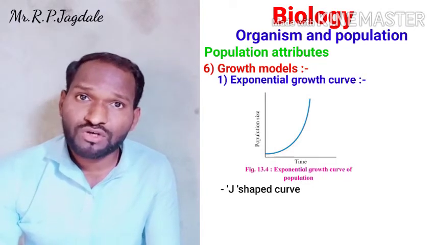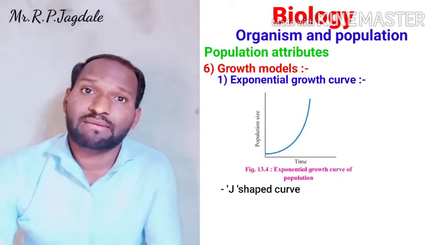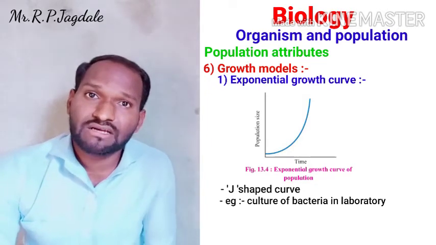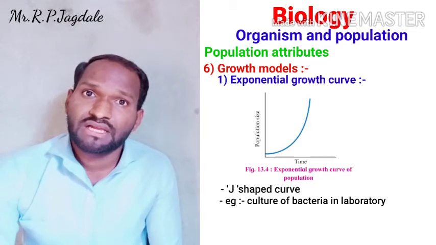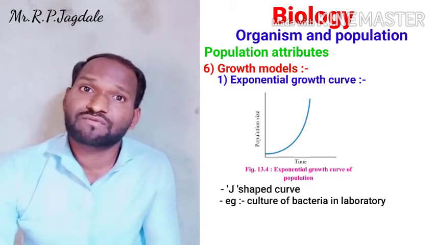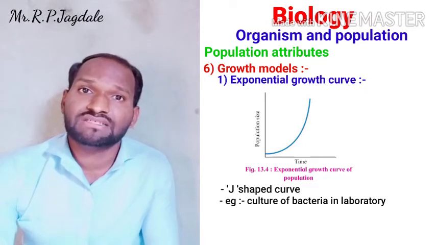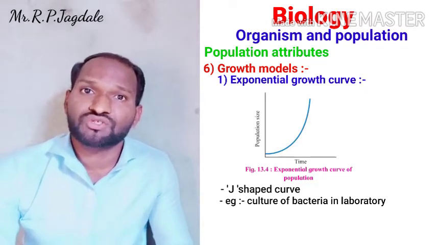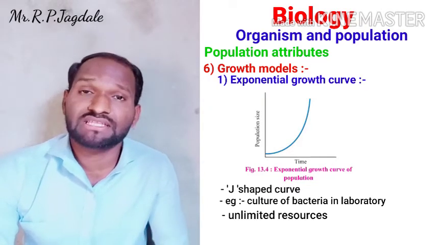Now for the exponential growth condition, we take the example of the laboratory. A bacteria colony is there. We are cultivating the bacteria colony. The one characteristic feature of exponential growth is that there are unlimited resources. In the laboratory, we are producing the bacteria.